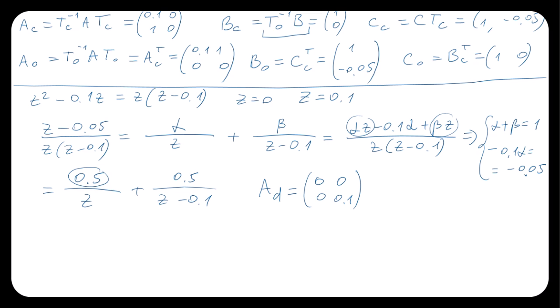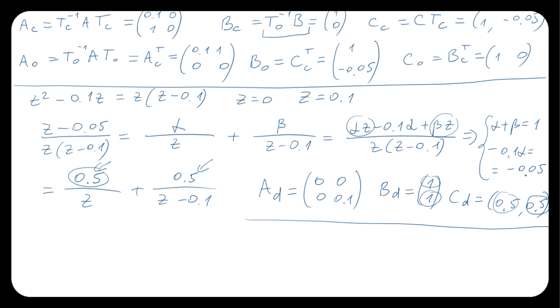So let's say you can pick b of d equal to 1 and 1, and c of d equal to, let's say, 0.5, 0.5. You can also switch between them. The thing is that this one times this 0.5 should be equal to this 0.5. And this number times whatever this number is needs to equal this number. And practically we're done with the diagonal representation. This is a presentation of the system in diagonal form. Thank you.